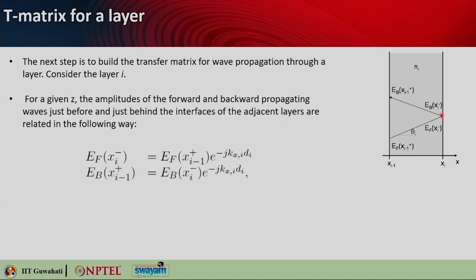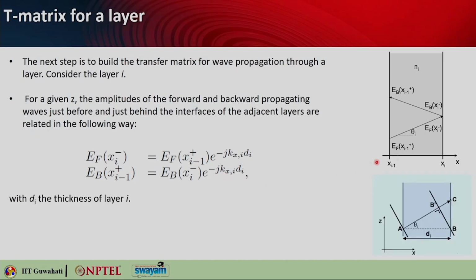And then this one also can be correlated, that this field Eb xi minus 1 plus can be Eb xi minus times this much amount of phase that is added, e to the power minus j kxi di. Now what is di? Di is, as I mentioned before, nothing but the thickness of this layer of material Ni. So this is di, this thickness.